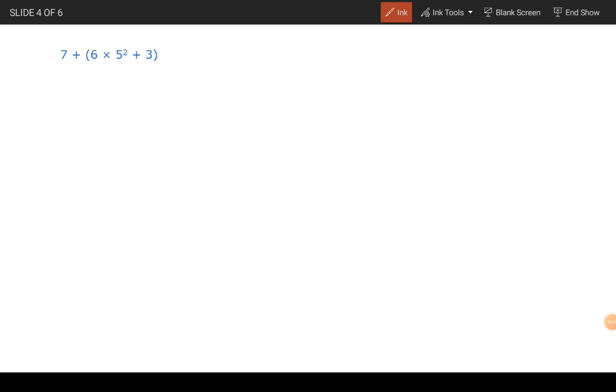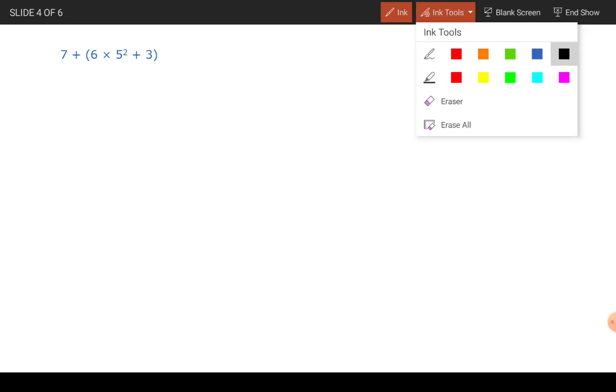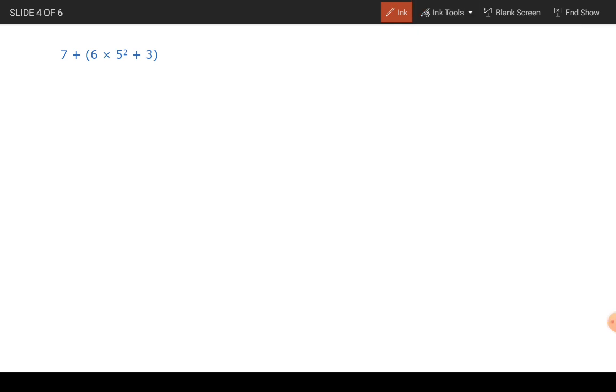Now let's have a look at another question. Once again, I'm writing the order on the right hand side for easy reference. So to solve this question, first look for any brackets. We have a bracket over here. Inside the bracket we have 6 into 5 square plus 3.